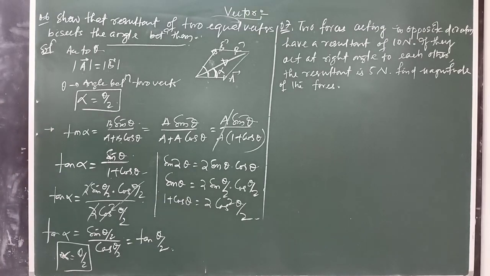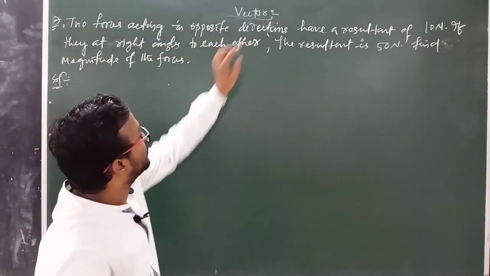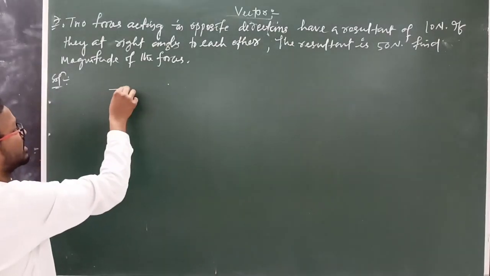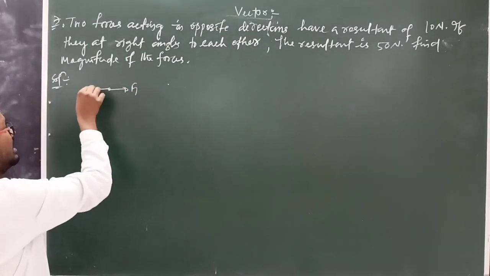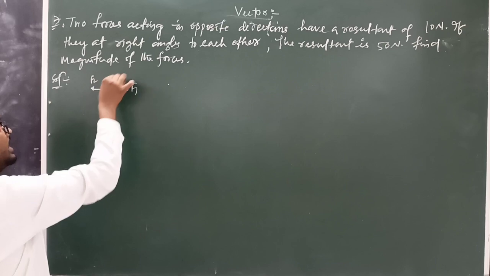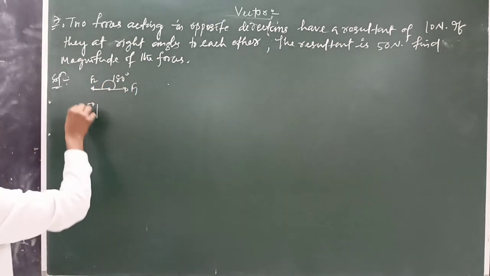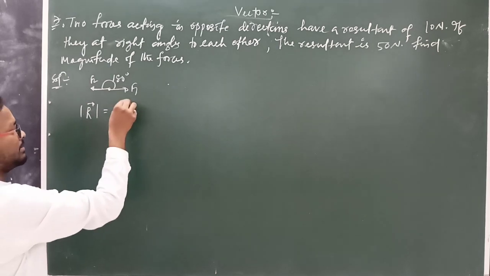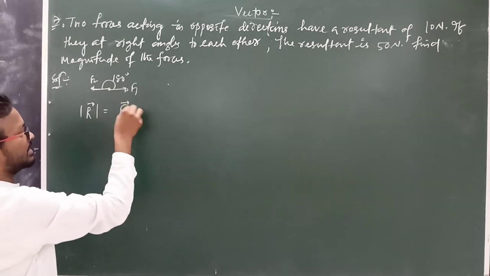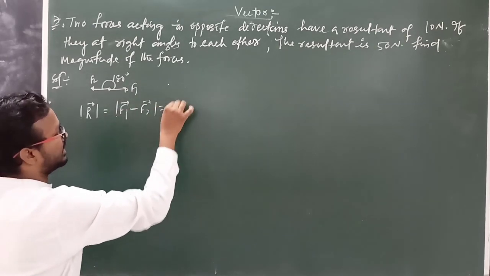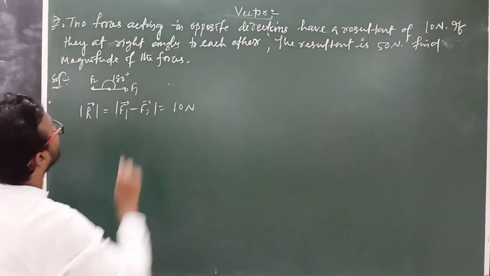This is proved. Clear? So two forces acting in opposite direction have a resultant of 10 Newton. Suppose one force F1 and the next force F2, and the angle between them is 180 degrees. The resultant of the two forces acting in opposite directions, F1 vector and F2 vector, has magnitude 10 Newton.